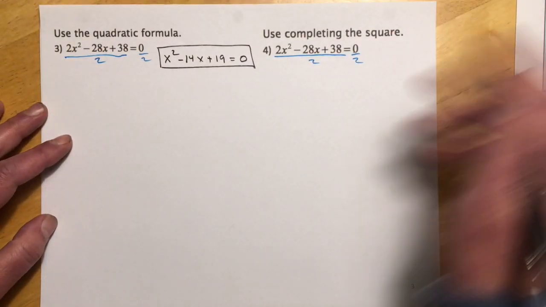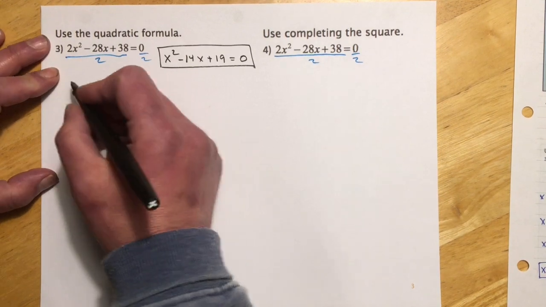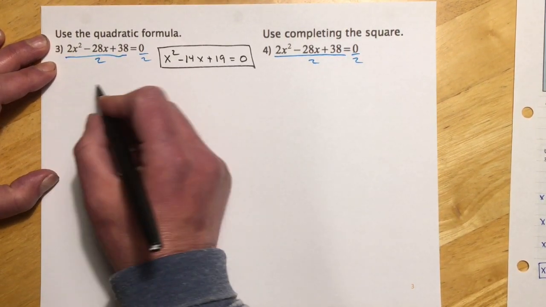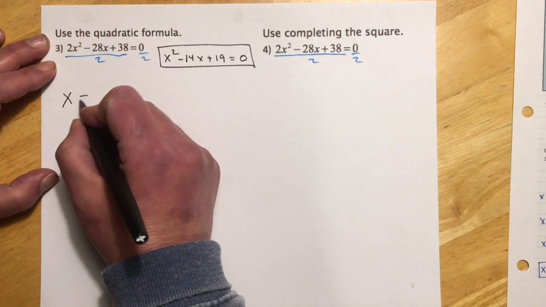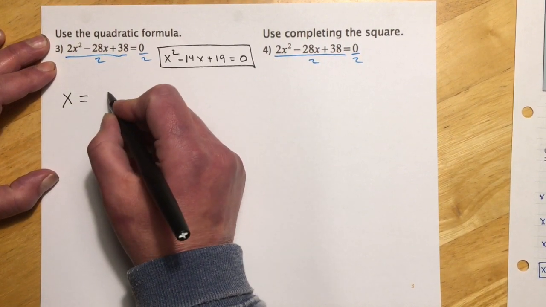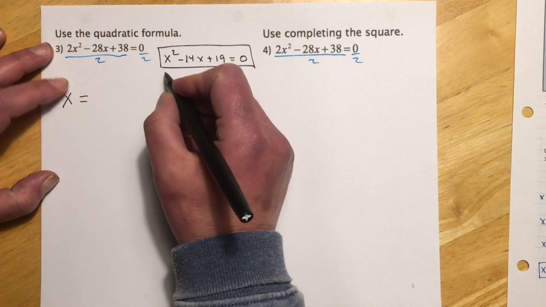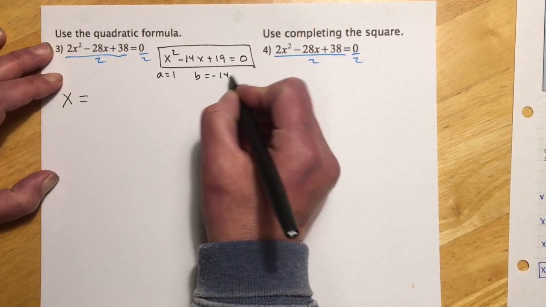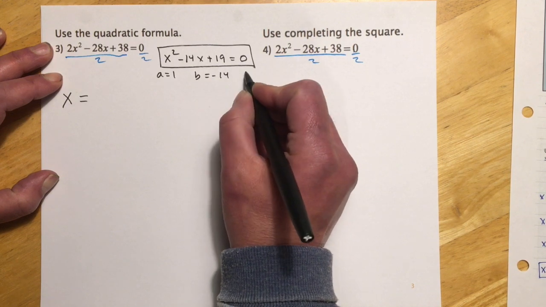So I'll come down here and I'm just going to plug everything in. I think, do I have enough room? Yeah, I'm just going to do this, x equals, so the first thing is negative b. On this, my a is 1, my b is negative 14, and my c is 19.